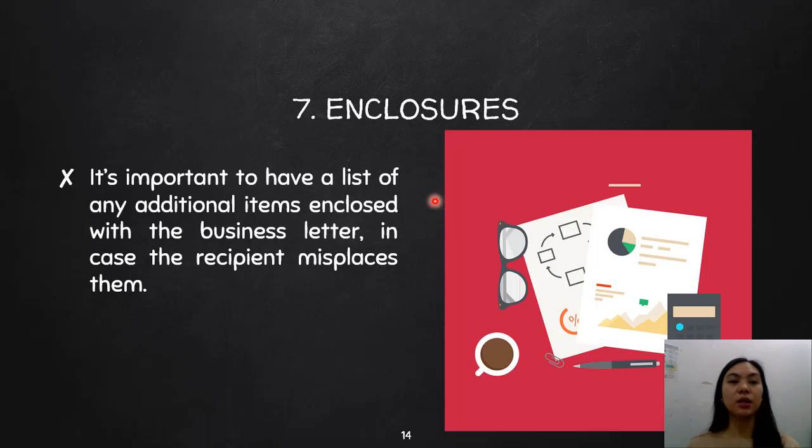The seventh is the enclosures. It's important to have a list of any additional items enclosed with the business letter in case the recipient misplaces them. At the end of the letter, you write if there are certain attachments or enclosures that come with the letter. For example, if you are sending out an invitation letter, right there is an enclosure: an invitation for 2 people or 3 people.